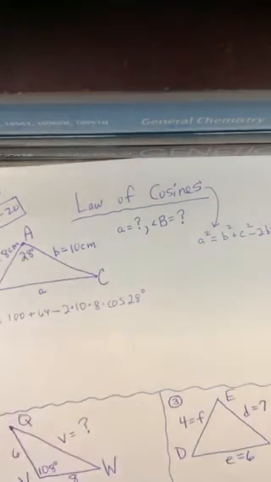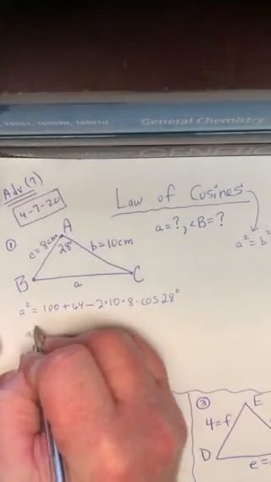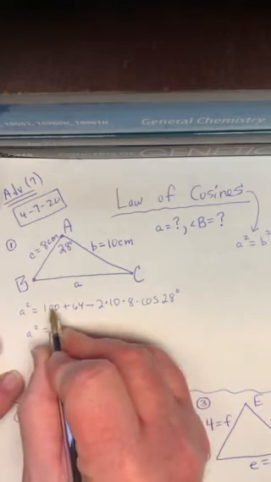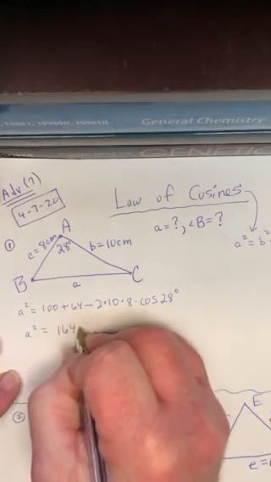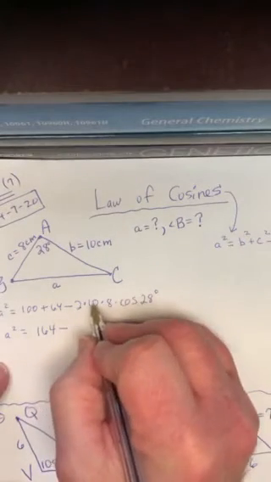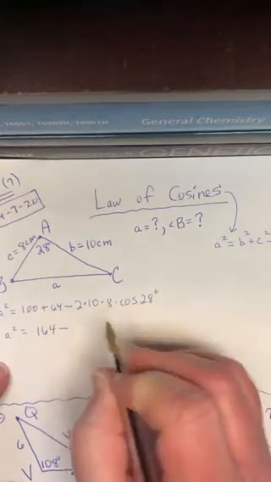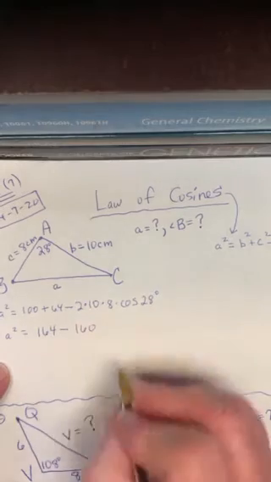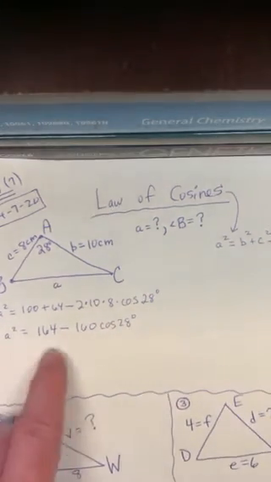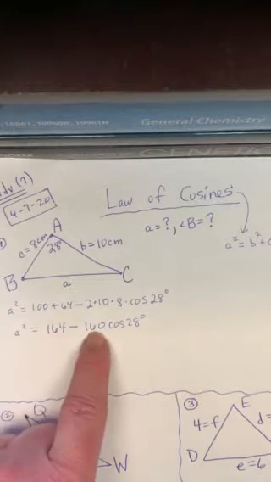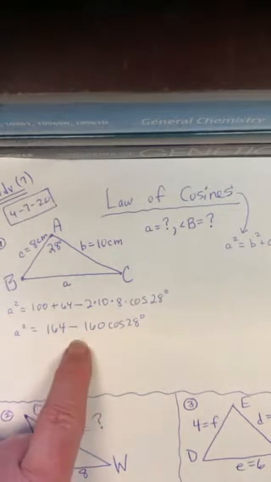Oh, so cleaning this up, we end up with A squared equals, obviously, guys, 100 plus 64 is 164, minus 2 times 10 is 20, times 8 would be 160, cosine of 28. Now, careful, do not take 164 minus 160 and change it to a 4.